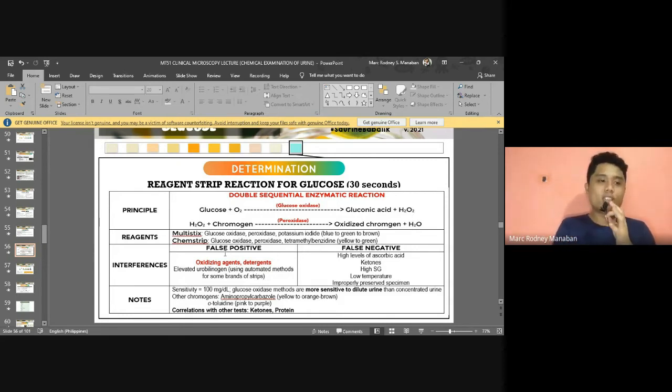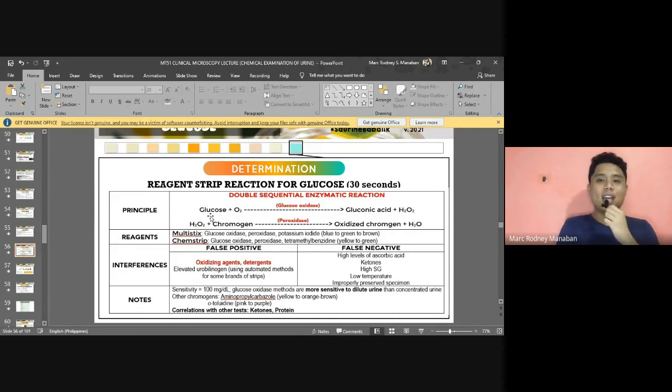An increase in oxidized chromogen results in increased color, which indicates an increase in glucose concentration. The more intense the color, the higher the glucose concentration, because more chromogen was oxidized since more H2O2 was produced from the glucose in your sample.